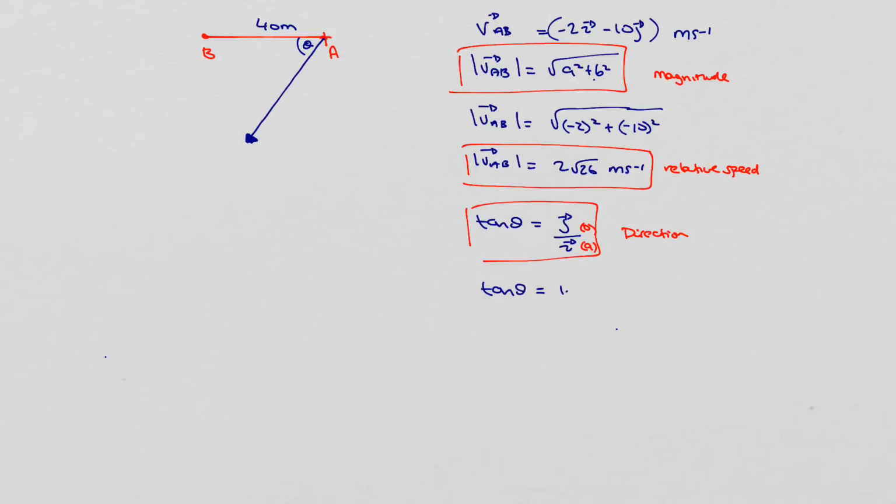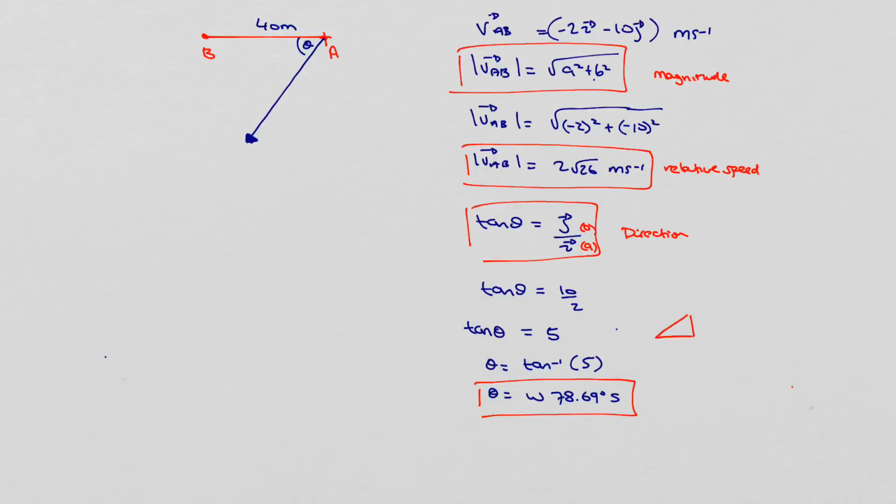So 10 over 2 gives me 5 for tan theta, and therefore tan inverse of 5 gives me an angle of 78.69 degrees, going west in the i direction and south.